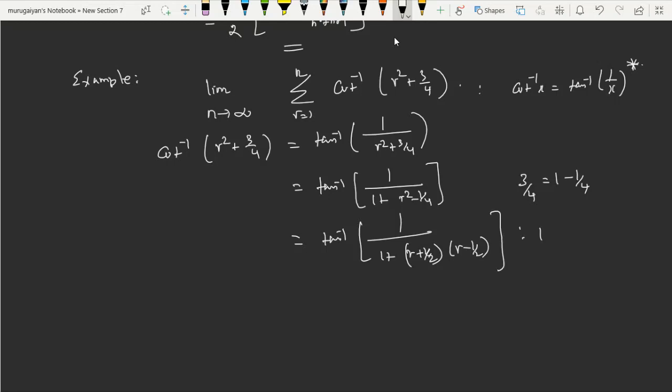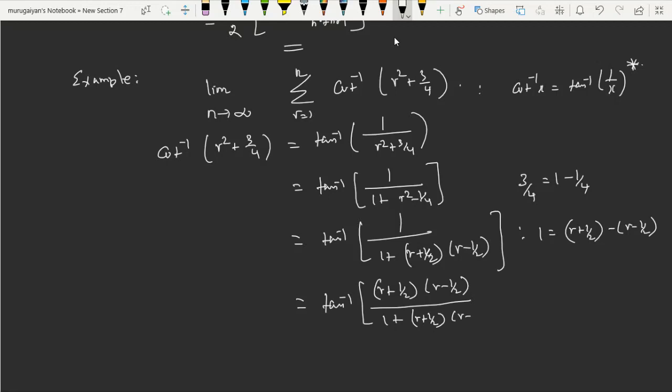Remember, here 1 is nothing but r plus 1 by 2 minus r minus 1 by 2. So this 1 can be replaced by tan inverse of r plus 1 by 2 minus r minus 1 by 2, over the denominator 1 plus r plus 1 by 2 times r minus 1 by 2.